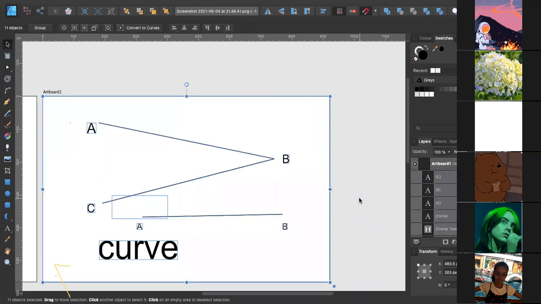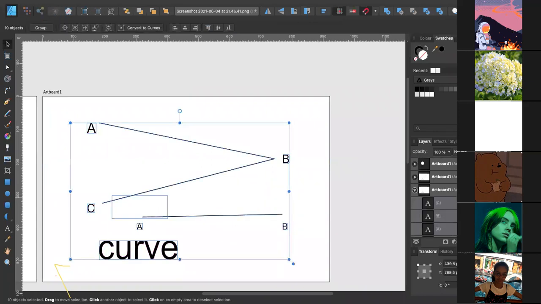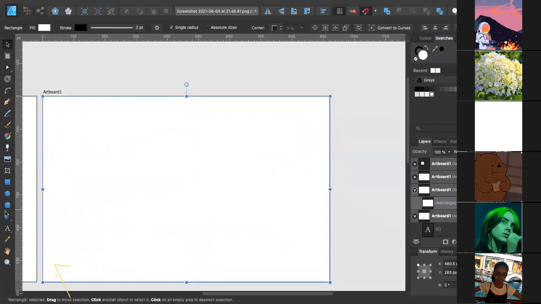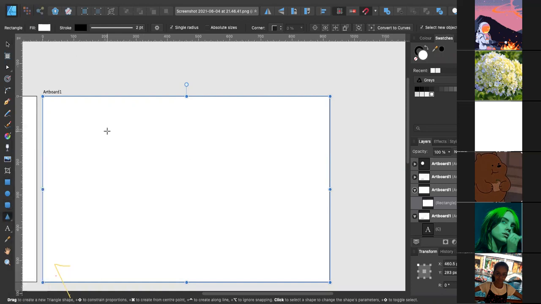Now let me take a special shape. Let me take a triangle.